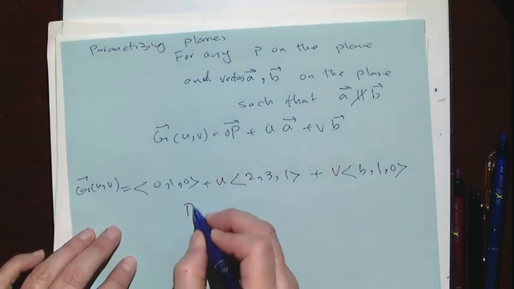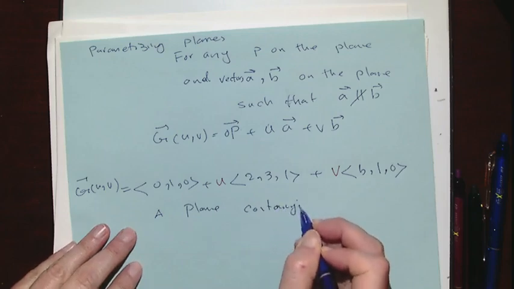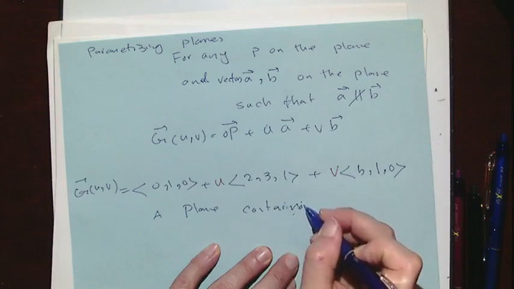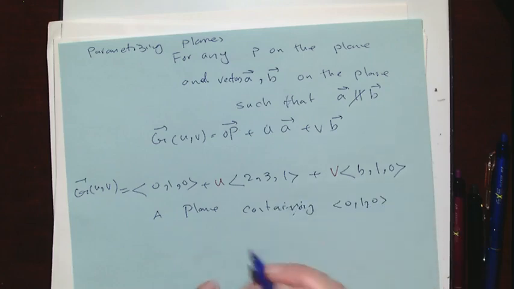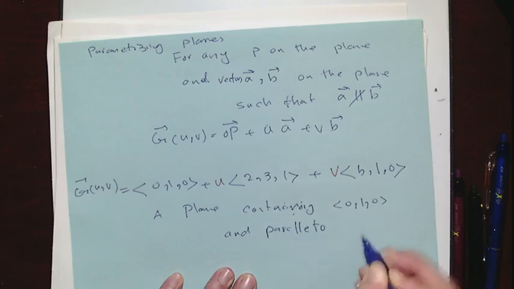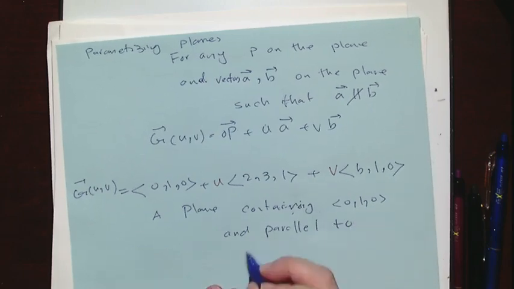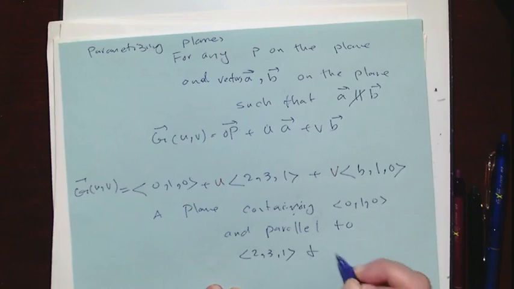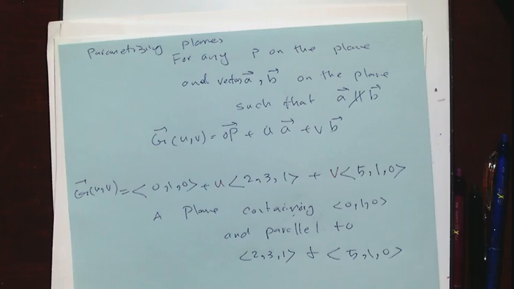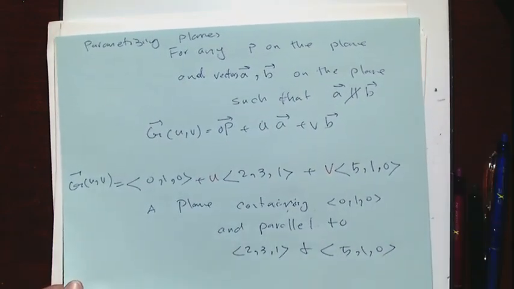This gives me a plane containing 0, 1, 0 and parallel to those vectors. So that's all you need to do. Two vectors that are parallel to or within the plane, and you go.